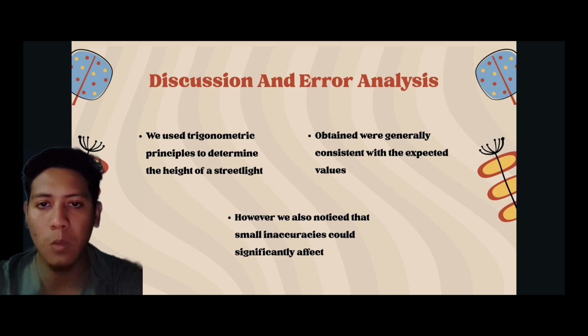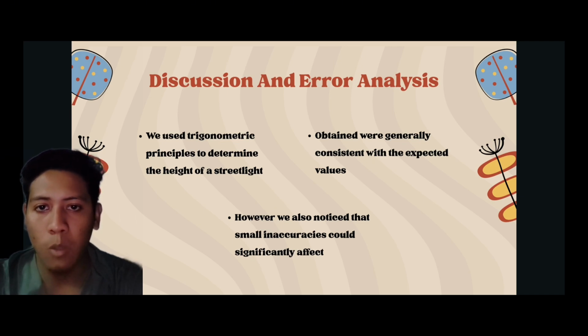Now we will start our discussion and error analysis. In this task, we use trigonometric principles to determine the height of a street light, the width of a leg, and other structures. By measuring distance and angles carefully, we applied the formulas to calculate the required dimension.